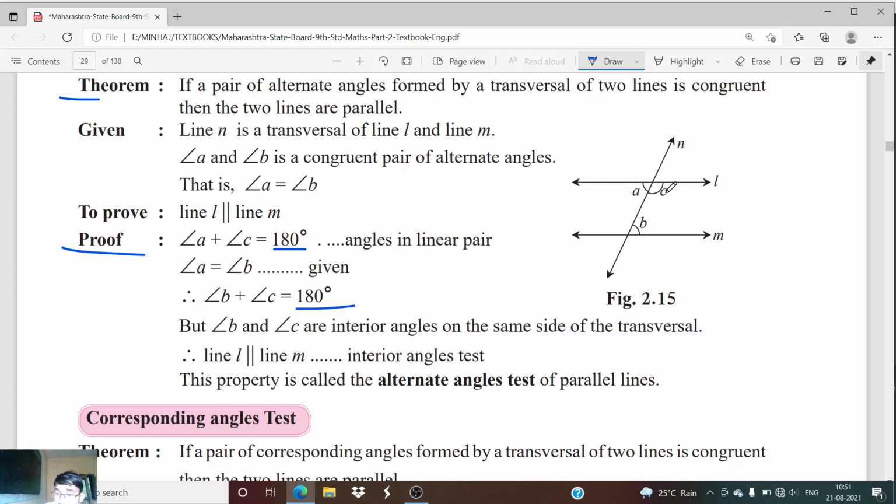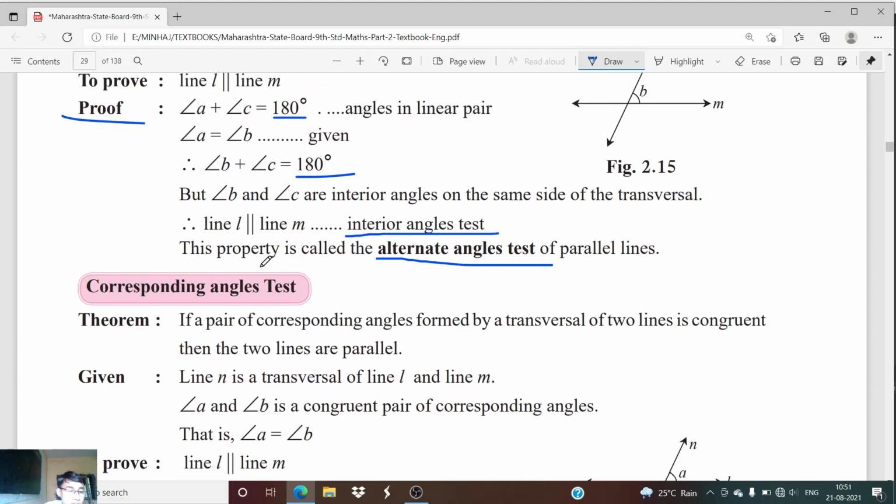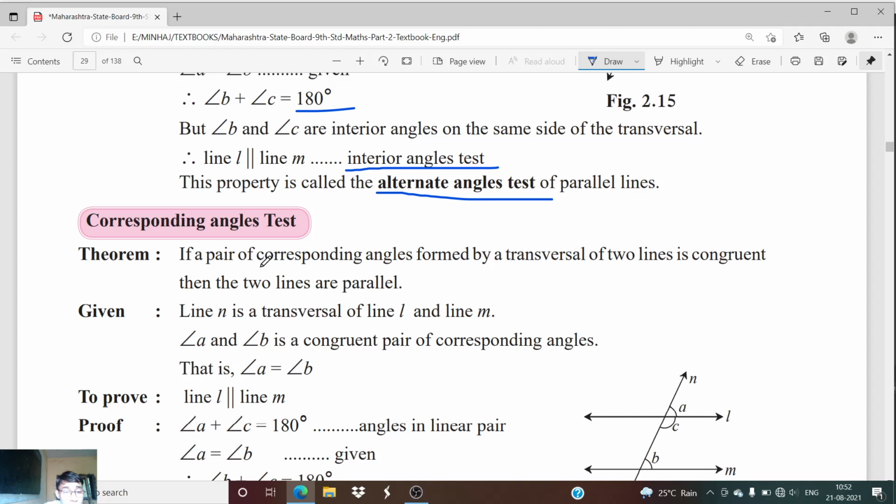So as angle B and angle C are interior angles and supplementary, we can write that line L is parallel to line M, and the reason is the interior angles test. This property is called the alternate angles test. That means if the alternate angles are congruent, then the lines intersected by a transversal must be parallel to each other.